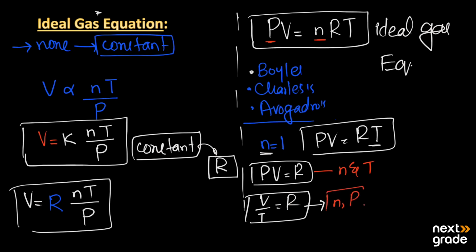So here we have proved that P times V is equal to nRT. This is the simple general gas equation.